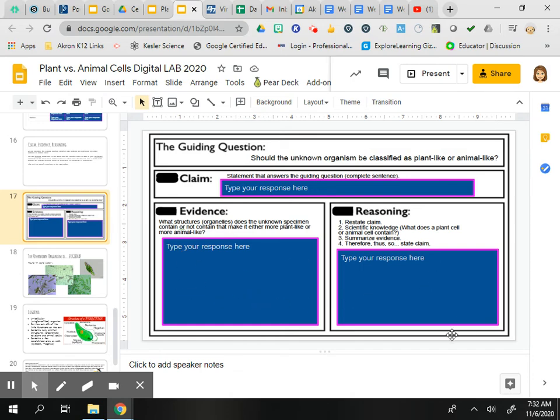And then your reasoning, you're going to restate your claim. So you're going to say the unknown organism should be classified as, and then you're going to say because it has these particular organelles, which make it more plant-like or more animal-like, therefore this is probably a plant cell or an animal cell, something like that.